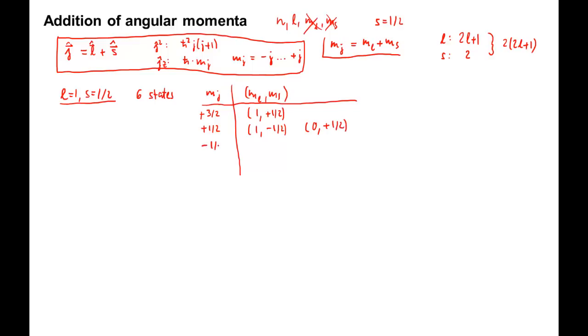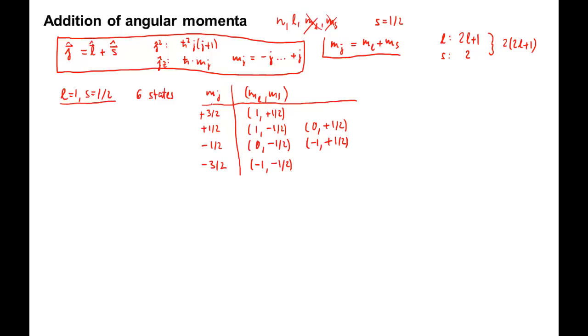Next comes negative 1/2 for mj, which can be obtained by ml 0 and ms negative 1/2, or by ml negative 1 and ms positive 1/2. Last, we have an mj of minus 3/2. And the only way to get that is with an ml of negative 1 and an ms of negative 1/2. Now we have classified all the combinations ml, ms in terms of mj.